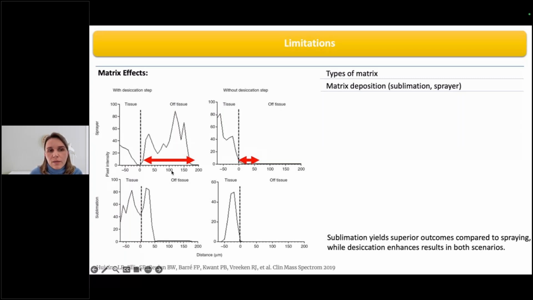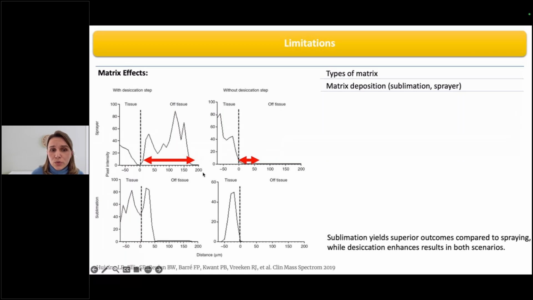If you apply the matrix with a sprayer, you risk delocalizing the lipids. So the line here represents the boundary between the tissue and the off tissue. If you use the sprayer over your section and you don't desiccate your sample, then you will have the lipid signal off your tissue, and it's quite significantly high.